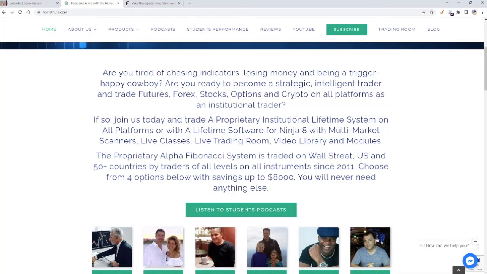System traded globally from micro accounts to macro accounts. Some of my clients are so big, I don't even know what their account size is. I only know they are moving positions for months and years with Alpha Fibonacci system. That's it. It's your choice.